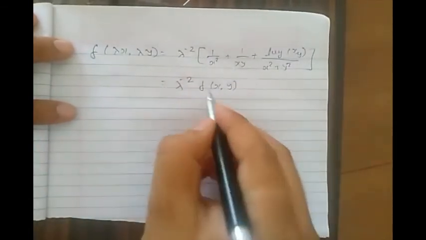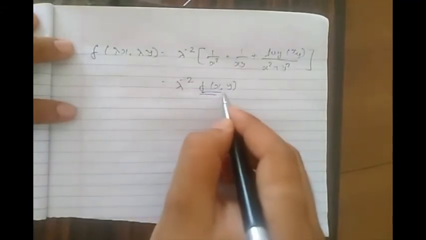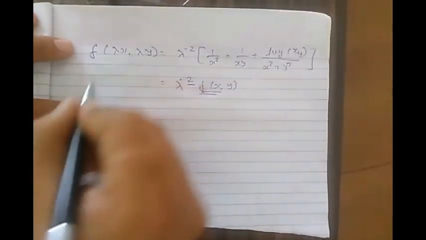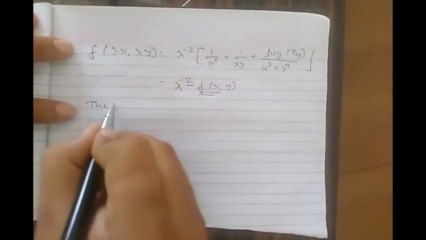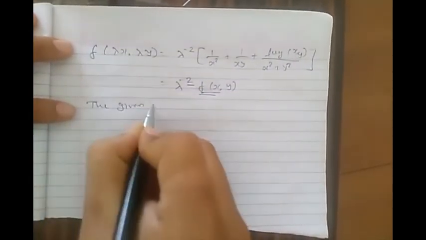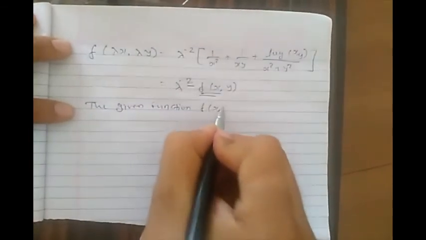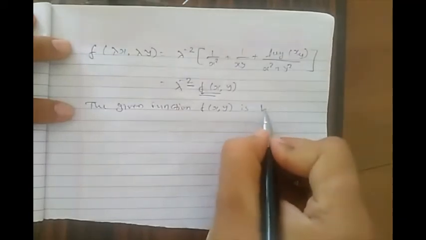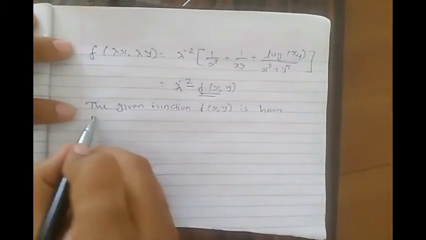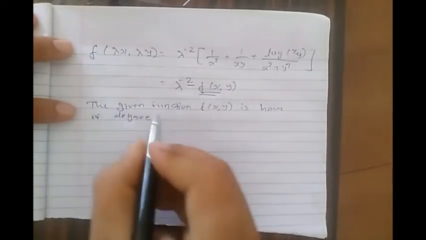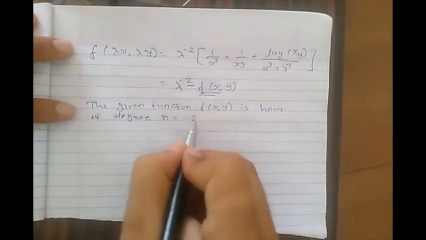So now we can say that the given function f of x comma y is a homogeneous function of degree n is equal to minus 2.